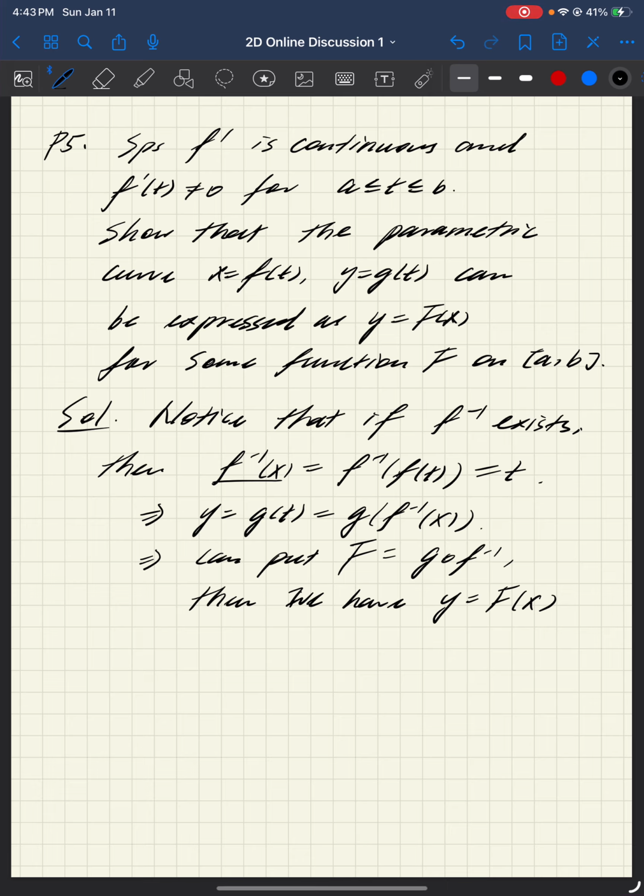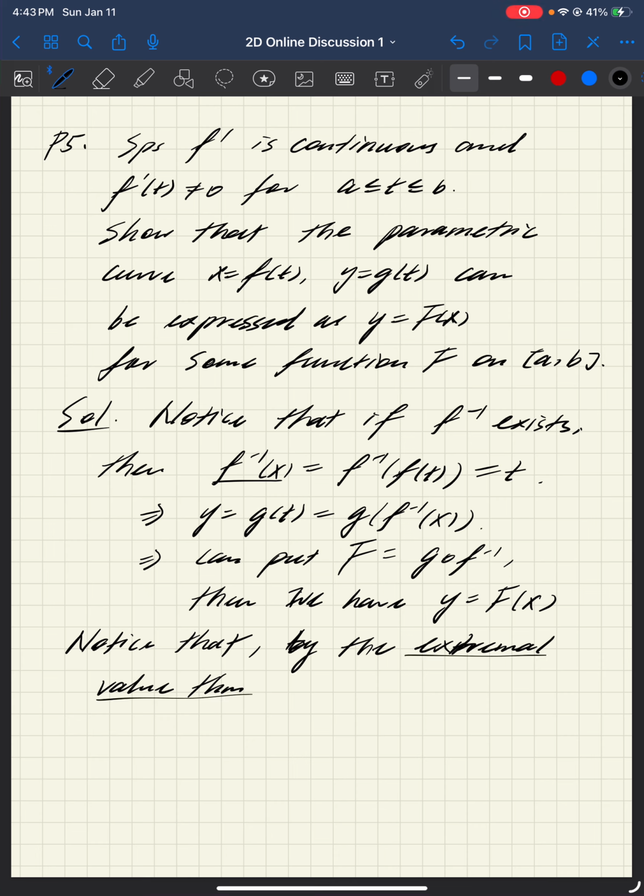So notice that by the extreme value theorem, let us remind ourselves what EVT is.